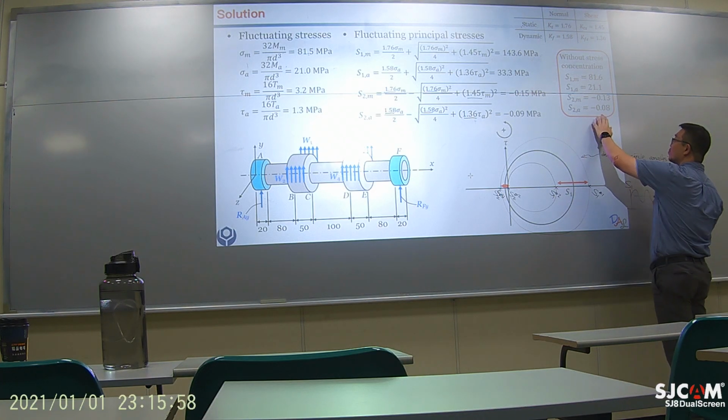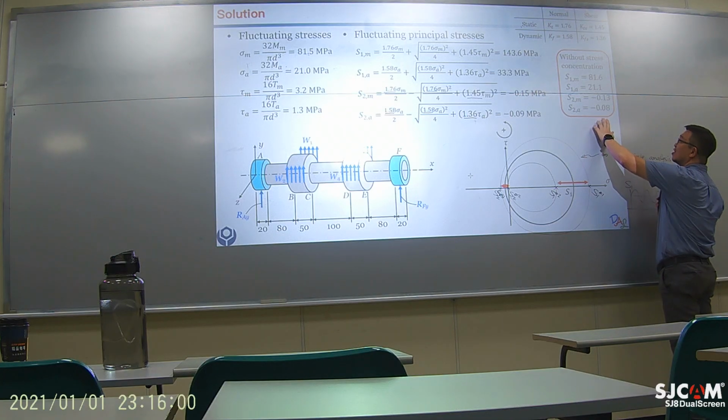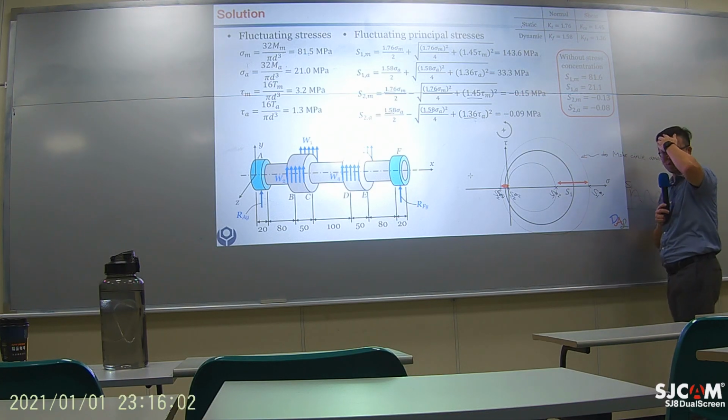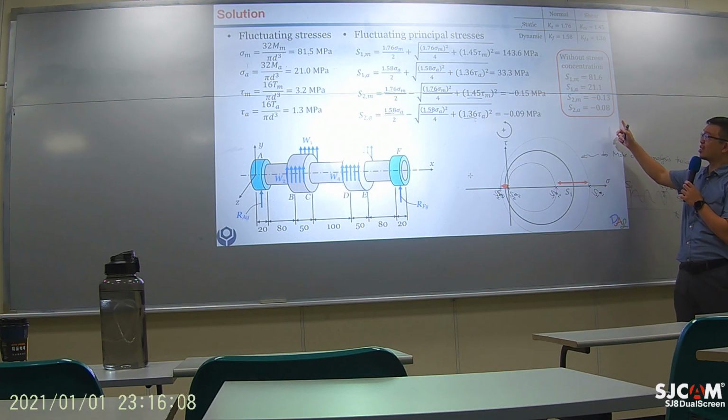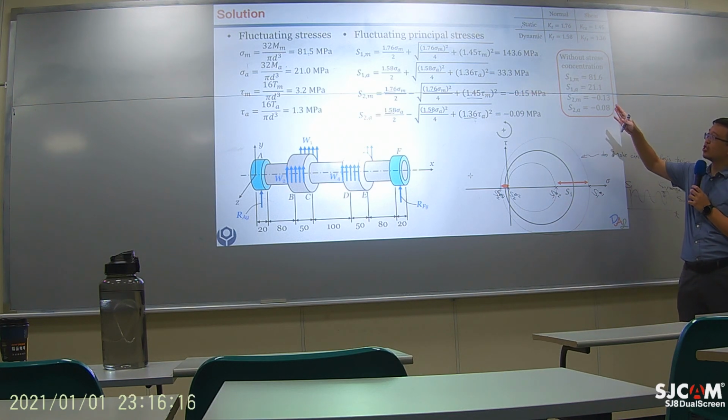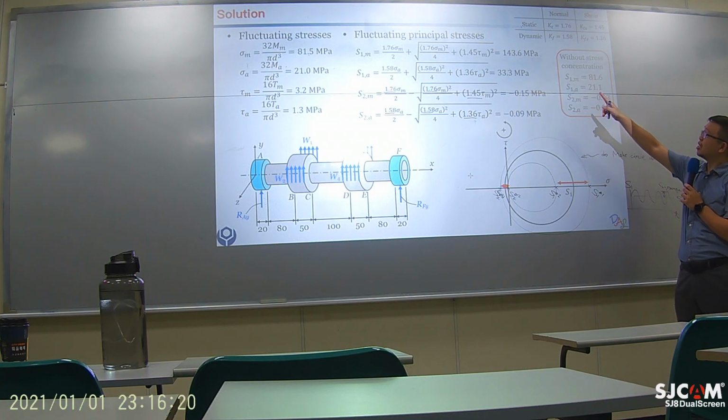And here are some values that were determined in the previous lectures where we didn't consider stress concentration. This is for you to compare. Right here you can see with stress concentration, the first principal stress is getting larger compared to without.